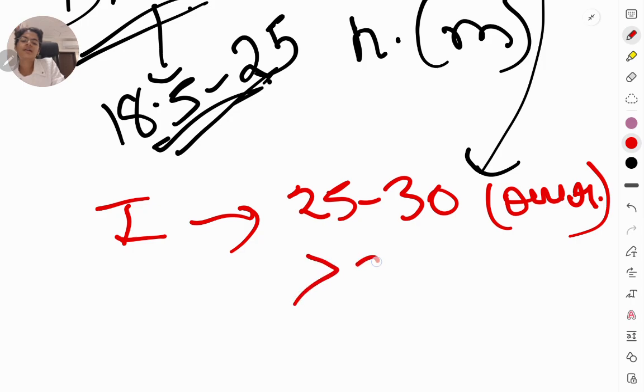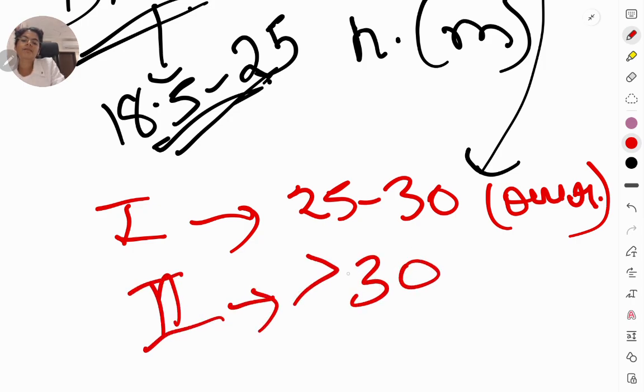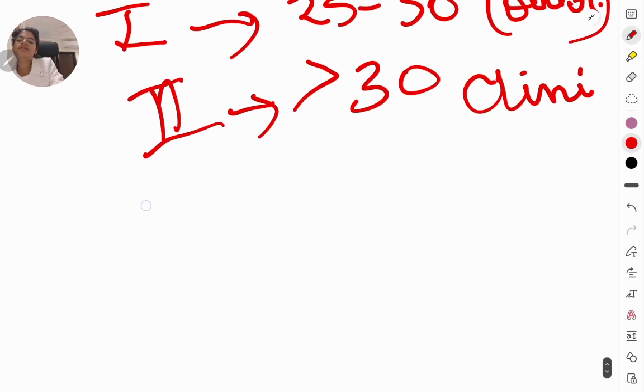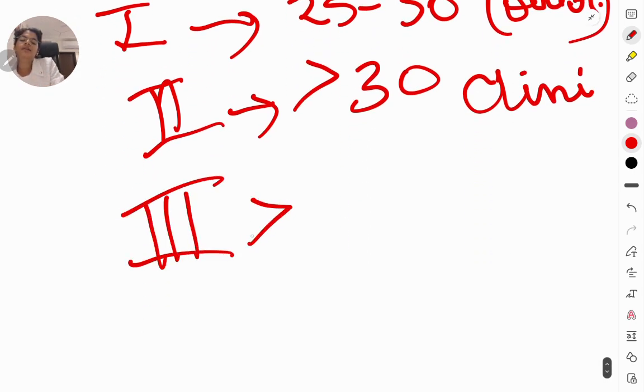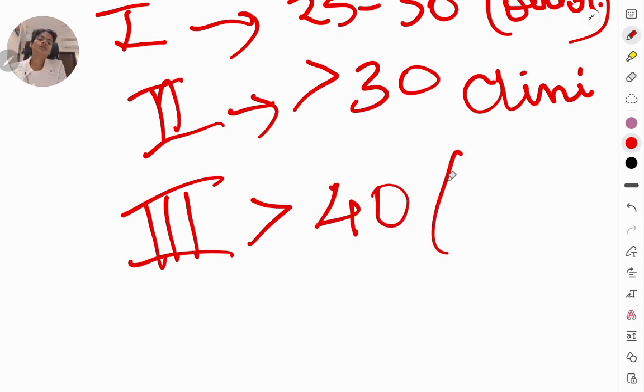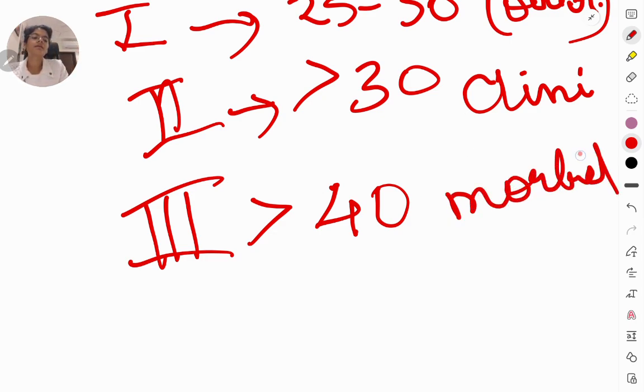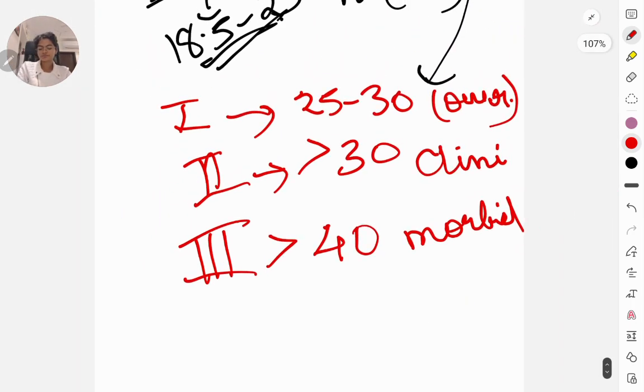If more than 30, then it's grade 2, called clinical. But if it's grade 3, then it's more than 40, thereby it is given a name called morbid. So these are the types.